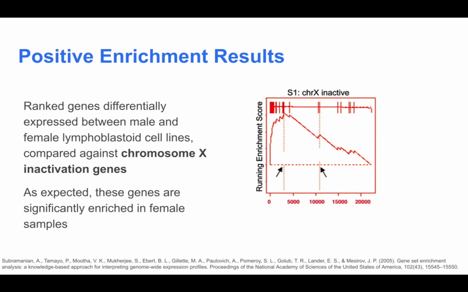And then you can see that across the top, there's this horizontal line with the vertical dashes. Each of those dashes indicates a gene hit, or basically where genes in the comparison set were ranked in that signature or ranked list. And you'll see that they're very highly concentrated toward the beginning of the plot. So they're very upregulated in this signature.